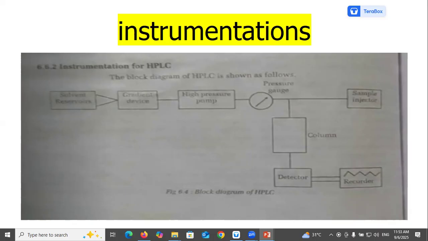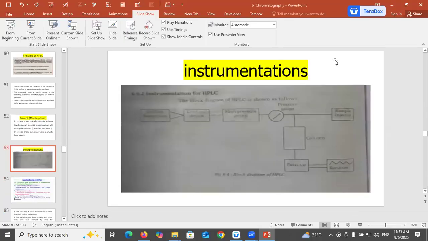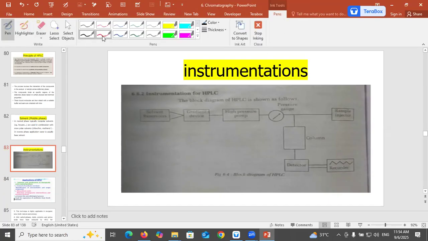Solvent reservoir, gradient device, high pressure pump, pressure gauge, sample injector, column, detector, recorder.